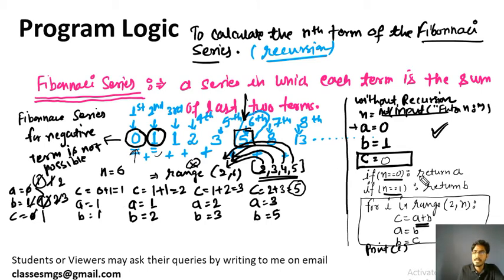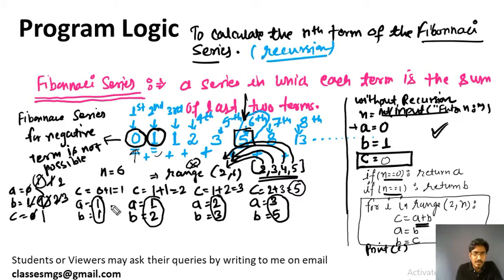In this concept, in each term we are calculating the sum of the last two terms and then updating the last two terms each time. The first time, we added 0 plus 1.